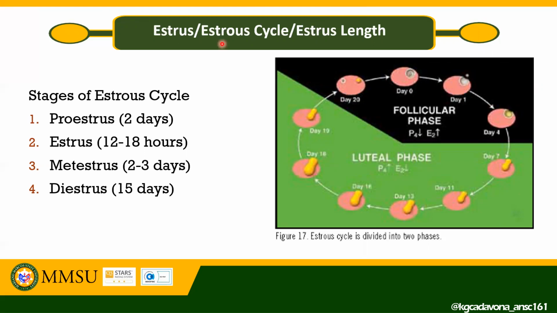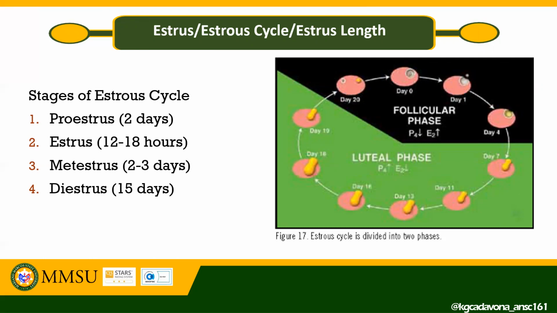But for the estrus cycle, pag sinabi natin na estrus cycle, this is the duration ng pwedeng paglalandi ng animal. Or in the basic analysis, this is the period from estrus to the next estrus. Or on the other hand, this is the period of time that female animals can become pregnant.